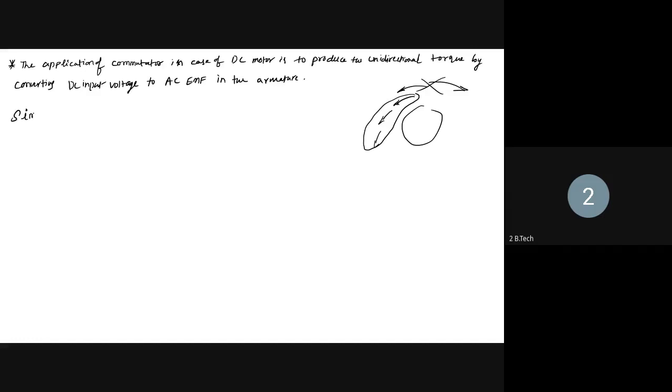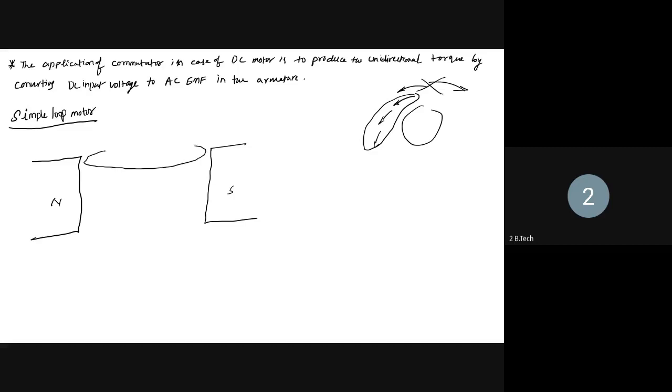If you see the simple loop motor, this is the north pole and this is the south pole. For this one, we are going to connect the load.